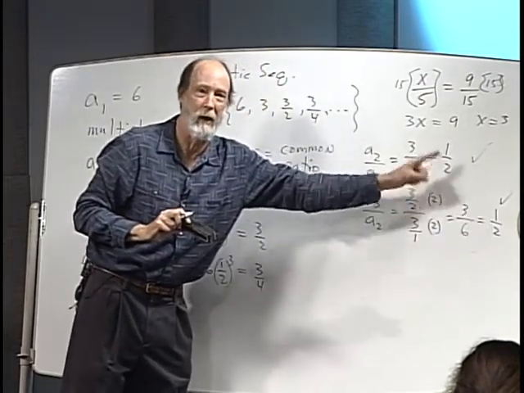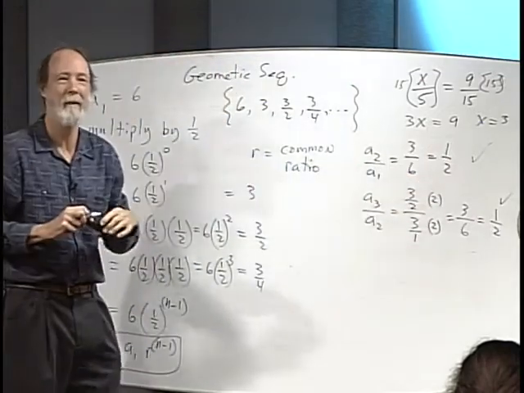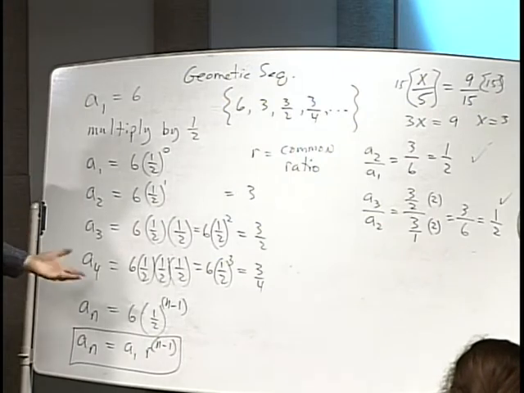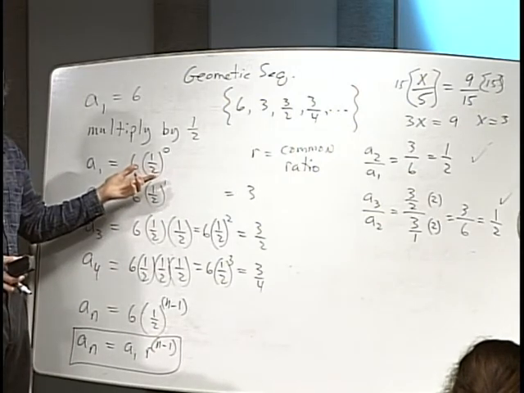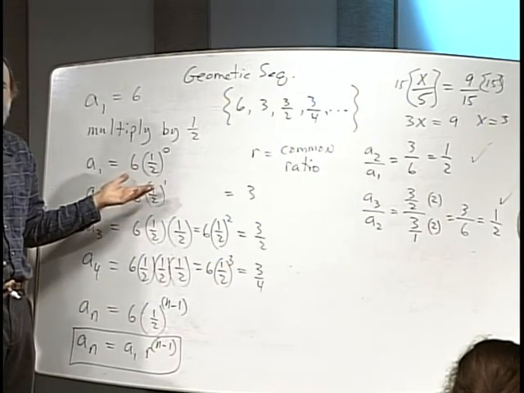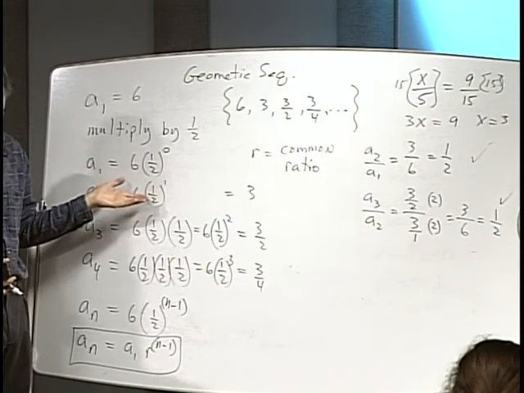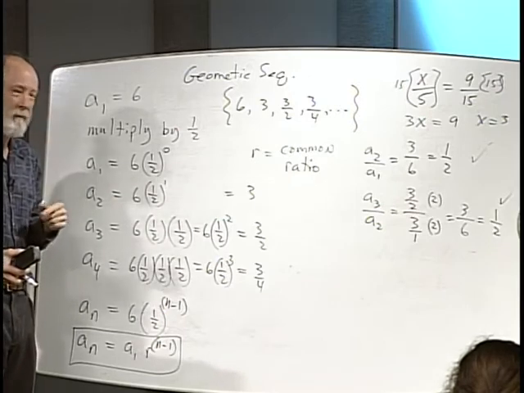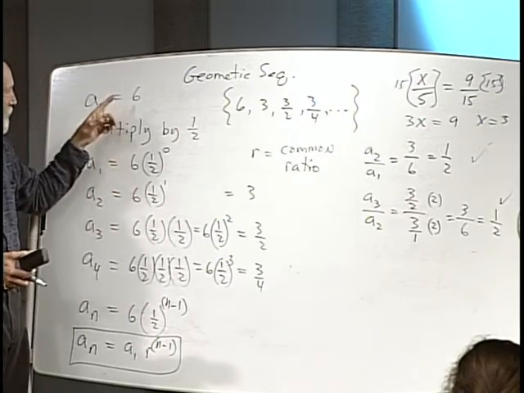You result in a common ratio between terms. Okay? Good. Now, if you had started with some other base, like let's say the base was 2 instead of 1/2.